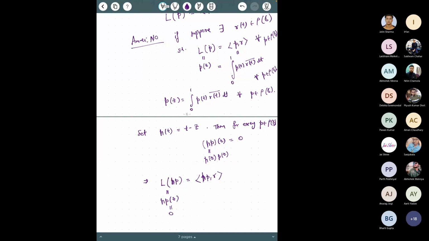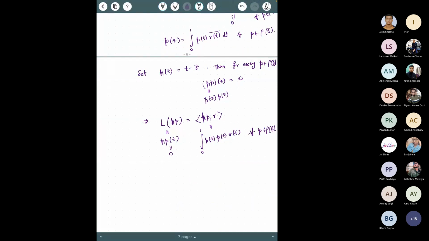H and R are fixed, but this is true for all P. So this integration is 0 for all polynomials P.